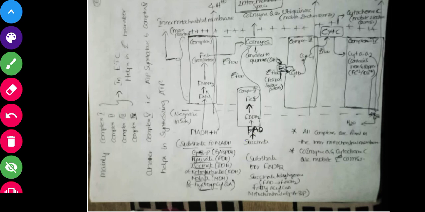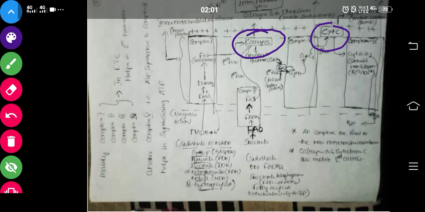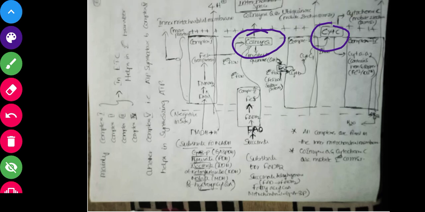In complex 3, the electrons flow from coenzyme Q to cytochrome, so we call it coenzyme Q cytochrome oxidoreductase complex. It contains cytochrome B and C1, so electrons flow in this way.